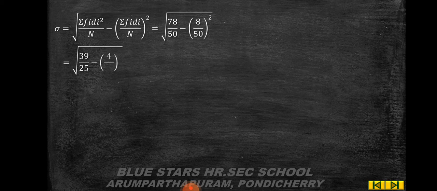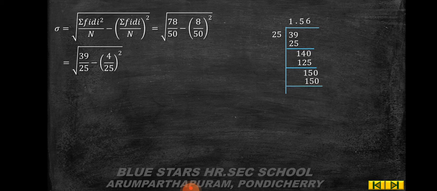You get root of 39 by 25 minus 4 by 25 the whole square. 39 divided by 25, 1 times 25, the remainder is 14. Again put the decimal, add 0, 5 times 25 is 125, remainder is 15, then 6 times 150.